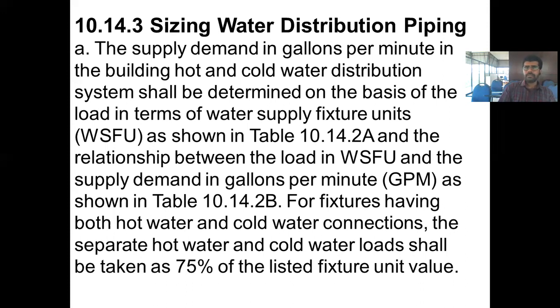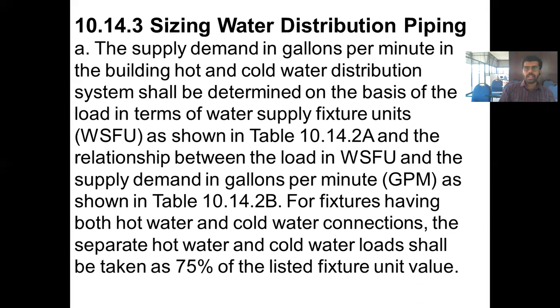So that's what I was saying, that for each fixture you have a WSFU value, and for that particular WSFU you can have a particular GPM. When we do a question, you can understand what I'm saying.